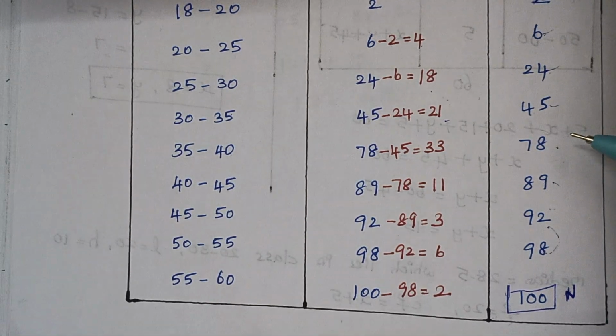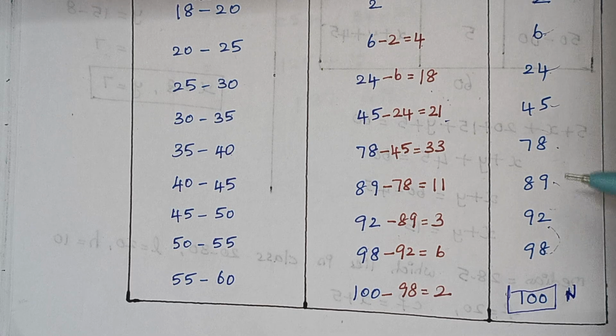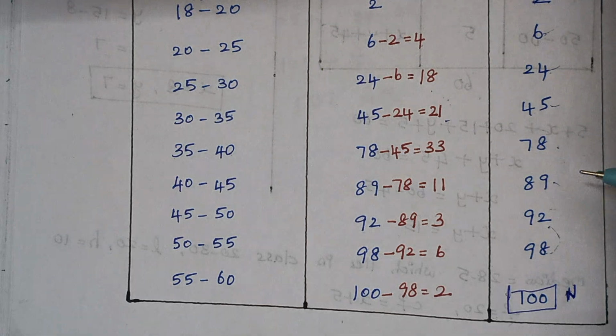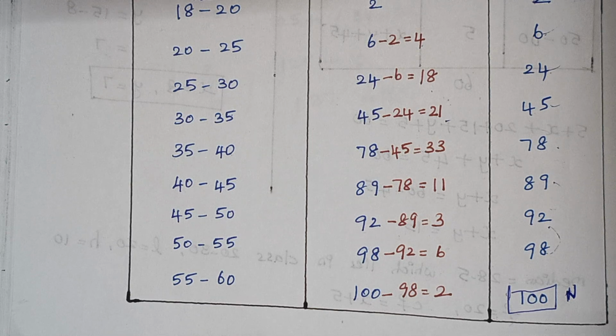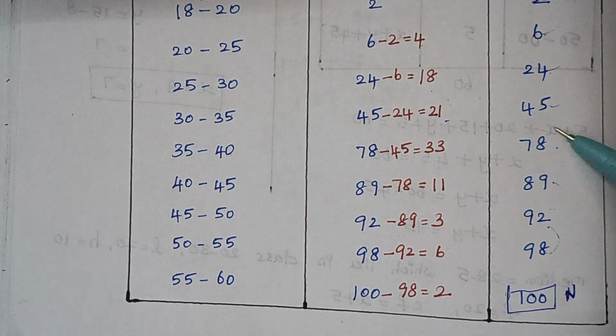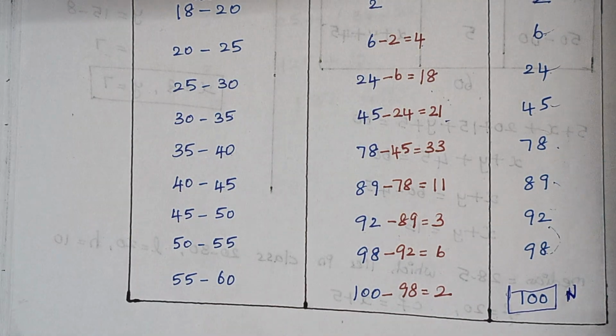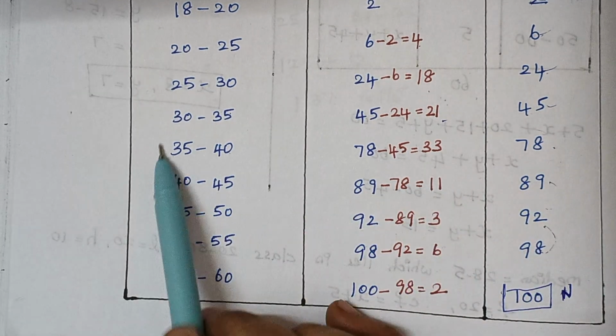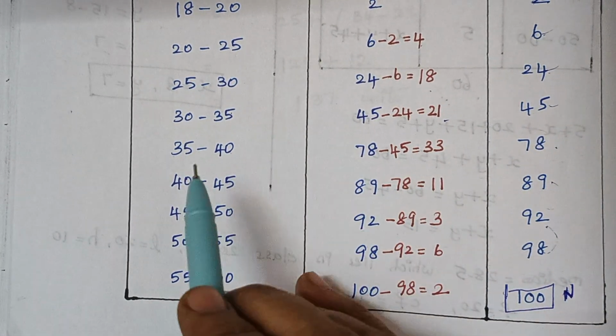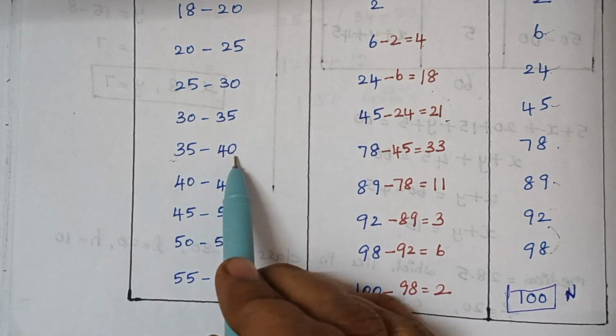Even 89, 92 and 98 are greater than 50, but we have to consider the value just greater than 50. If you had 51 in this column, you would take only 51. But the value greater than 50 is 78, so we consider this row, and we look at this respective class.